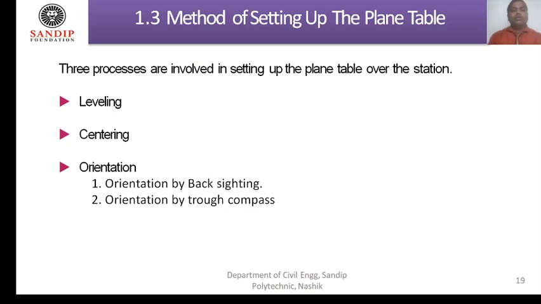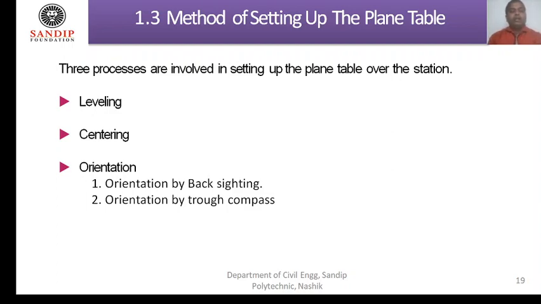Then we have to fix a drawing sheet or drawing board over the tripod stand so that we can achieve the leveling. Leveling is done by using a spirit level. After finishing leveling, we have to establish a center point using U fork with plumb bob.